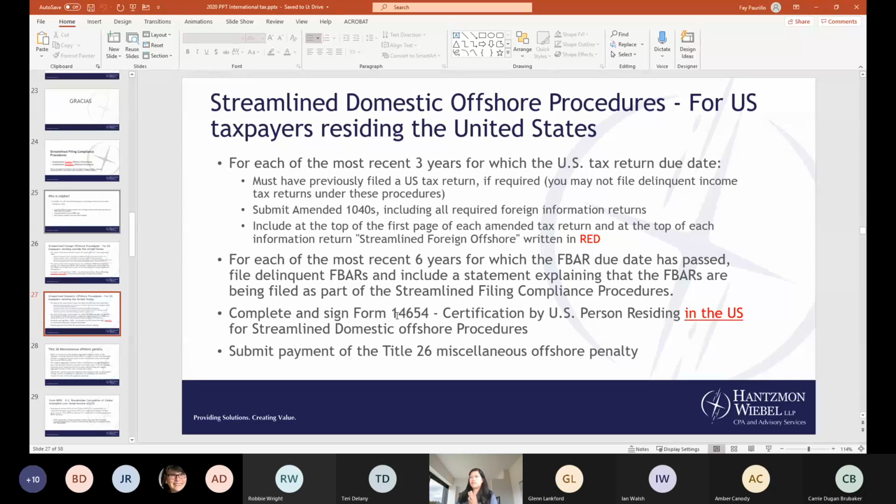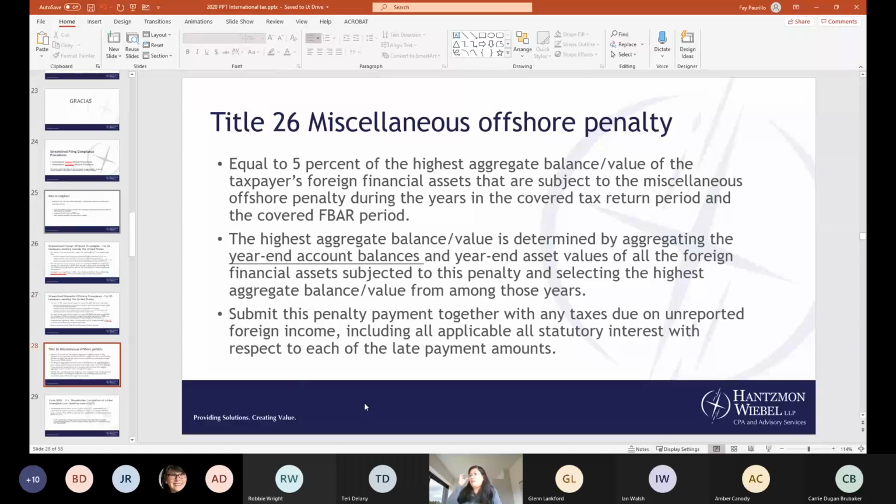However, I don't know why, but I think they did this intentionally. For the domestic offshore procedure, if you live in the US, there is a miscellaneous penalty. It's not as big as what it would have been if he had to pay all those penalties that Carrie mentioned earlier. But it's a 5% offshore penalty. There is a calculation. It says here it's 5% of the highest aggregate balance of his financial assets that are subject to the miscellaneous penalty during the years covered in that 6-year FBAR period.